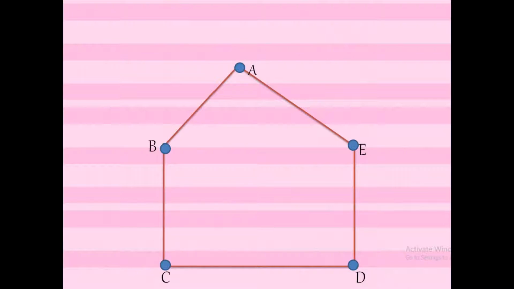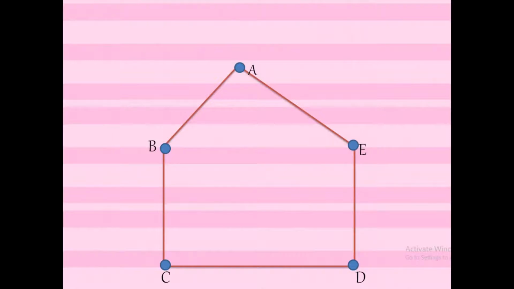In this figure, I have marked the vertices too. A and E are the endpoints of the line segment AE. A and B are the endpoints of the line segment AB. The vertices A and B we can call adjacent vertices just because they are the endpoints of the same line segment.